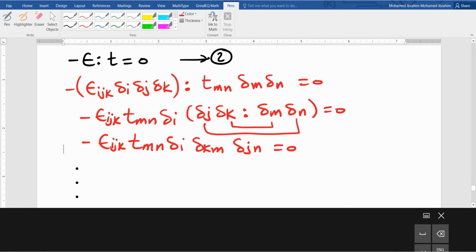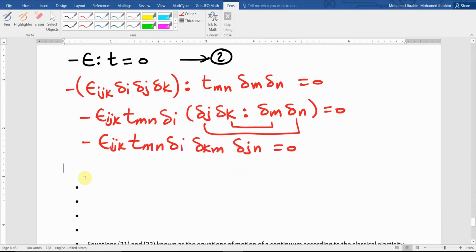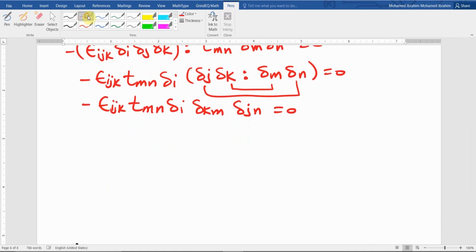Okay, let us do one more step here. To get rid of this delta, this means that with delta_km, k and m should be the same index, and the same index for j and n. So we're gonna end up with negative epsilon_ijk, and this m will be k, and n will be j, right?